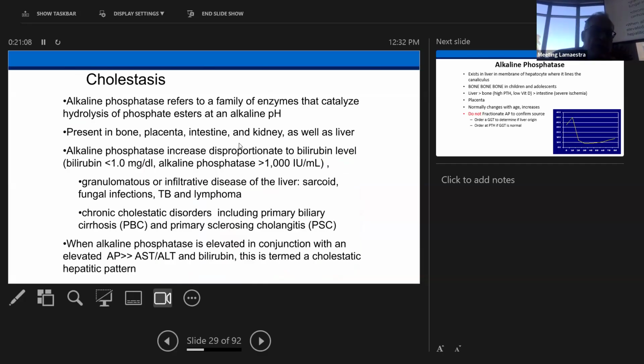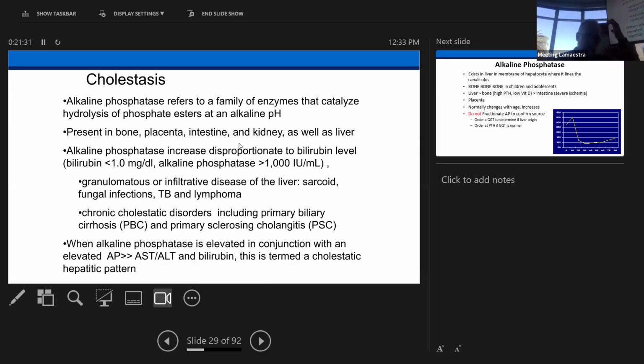A little bit more on cholestasis. We think about granulomatous disease like sarcoid or TB, infiltrative diseases like lymphoma. Something that should be on here is something called an IgG4 syndrome that can affect many parts of the body. Of course, cholestasis is the common presentation for primary biliary cholangitis.